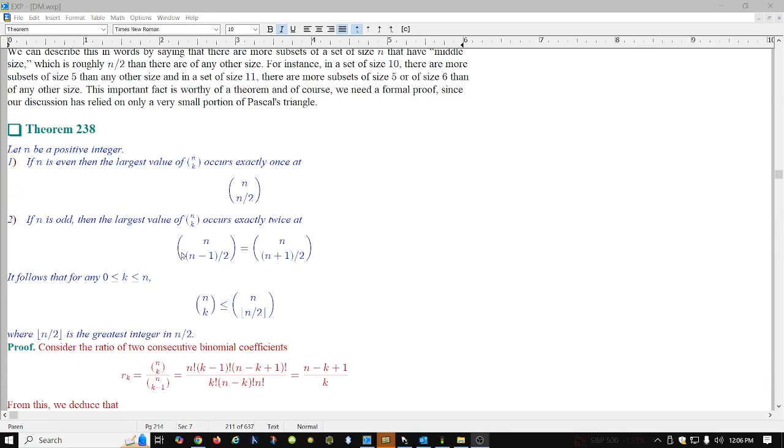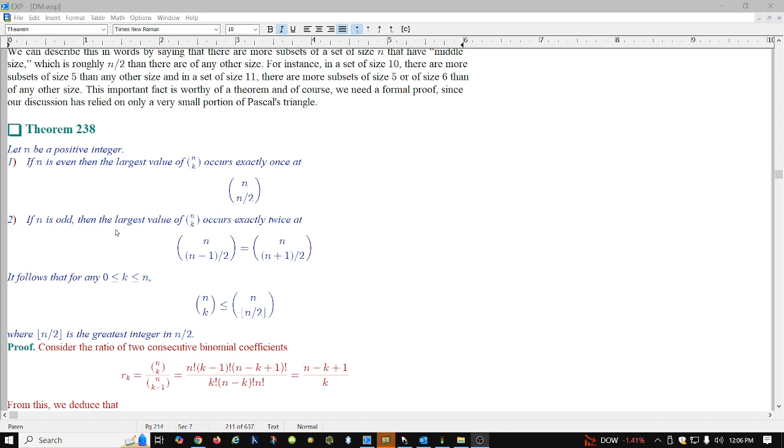So let's put this in a theorem and prove it. Let n be a positive integer. If n is even, the largest value of n choose k, where k ranges from 0 to n, occurs exactly once at n choose n over 2.